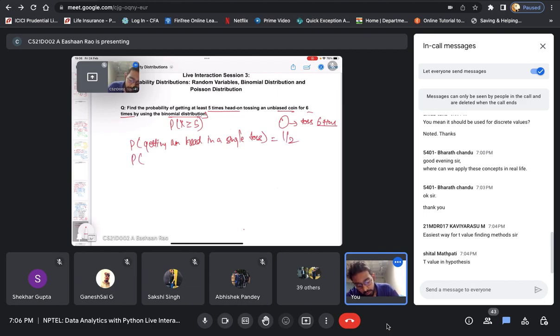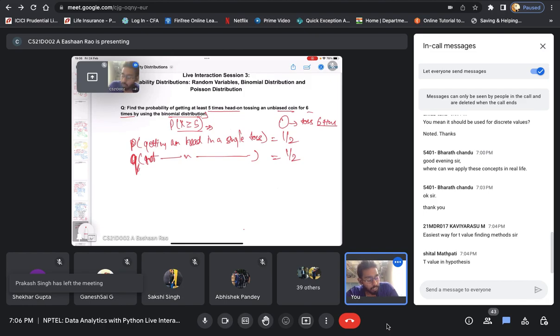Similarly, not getting a head in a single toss is 1 by 2, so just write q here. Now, if we have x greater than or equal to 5, that at least 5 times the head would have come, so we have to calculate this kind of situation where x is basically getting a head.